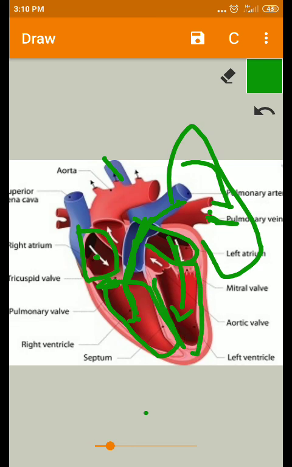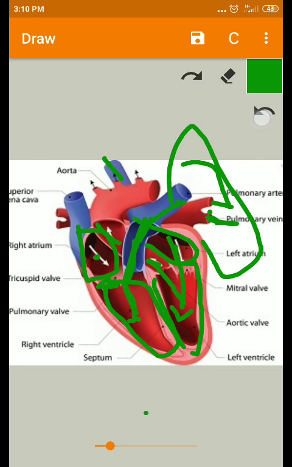When the left ventricle contracts, the blood is propelled into the aorta. From the aorta, that is the ascending aorta and arch of the aorta, the branches supply the entire body. This is about the circulation in the heart.